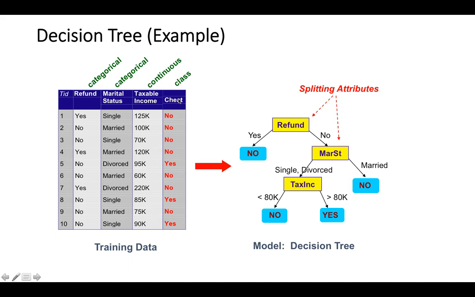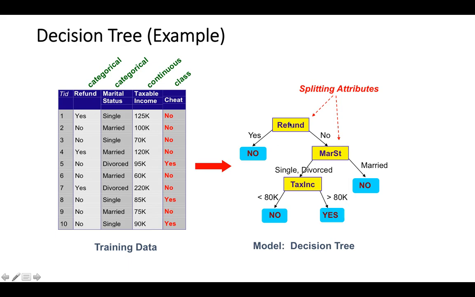So this is an example of a data set. So what one can do is make a tree, and then classify the class label in terms of whether the person is a cheat or not.